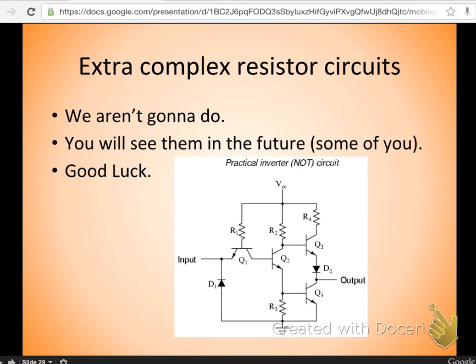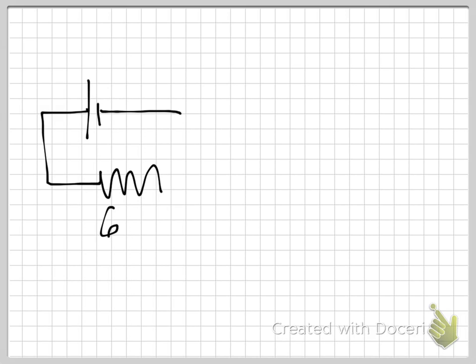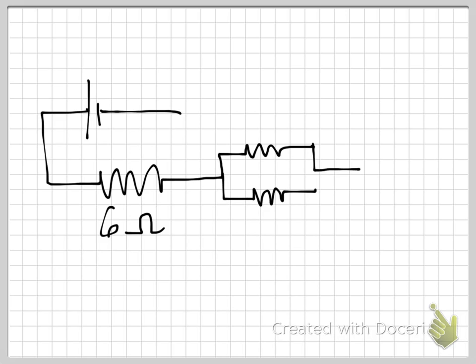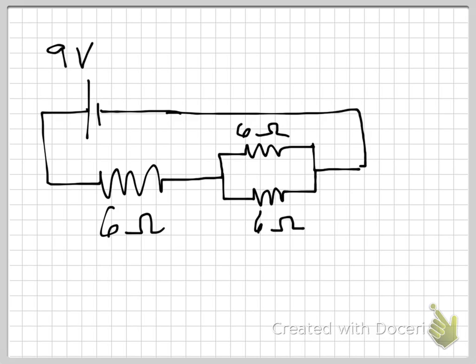So what we will do is just a few little things like this. If we have 3 6 ohm resistors, and this is 9 volts, what is the current across this circuit?